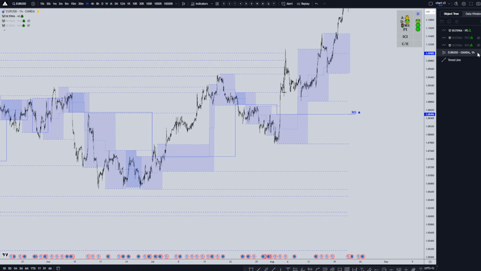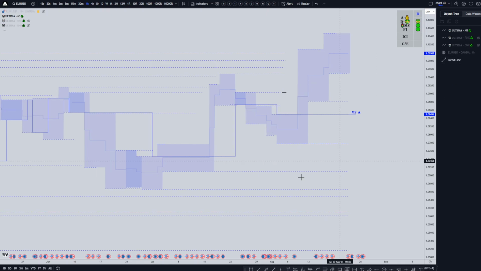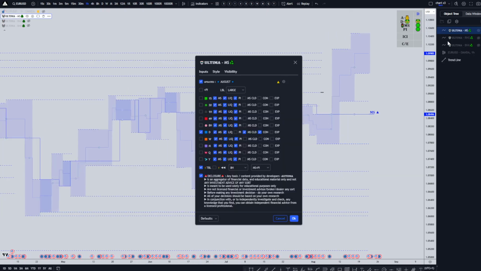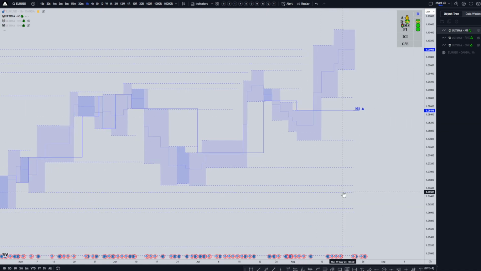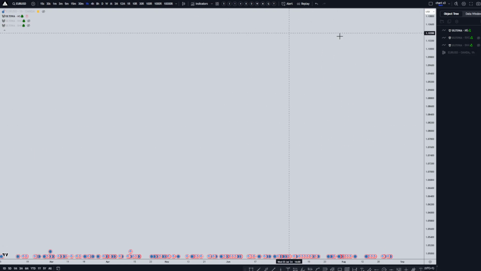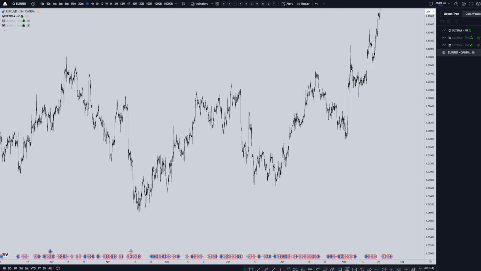If we get rid of the price, get rid of the liquidity and market structure, and just look at, one second, let me reload this.